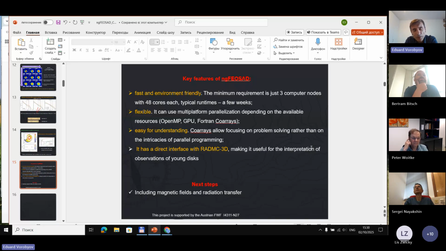If it's not conserved, the disk becomes very spread out and something not correct happens to it. But we check the global conservation, and the global conservation is pretty good.